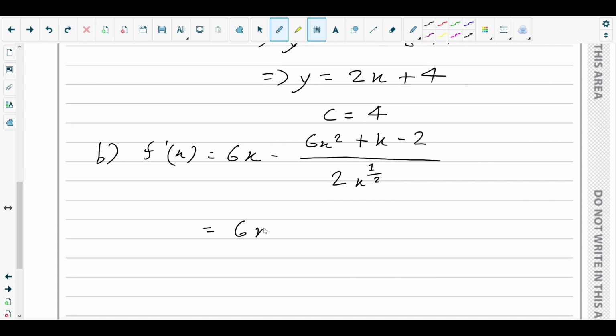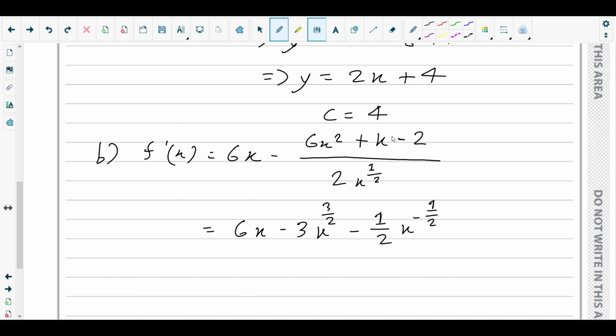So you'll get 6x minus 6 over 2, that is 3, and x squared, so x to the power 2 minus half, that is x to the power 3 over 2. Then minus, here minus, so this is plus, so plus minus would be minus 1 over 2, that is 1 over 2 x to the power negative half, right?